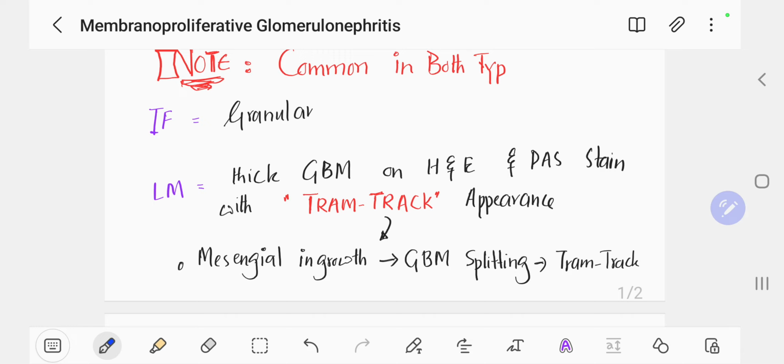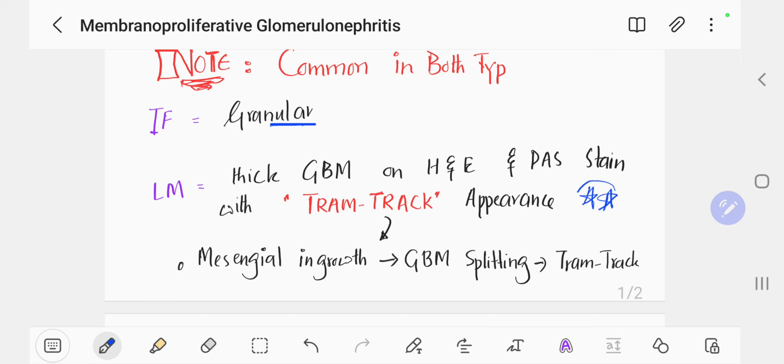So, okay, on immunofluorescence, there will be a granular pattern. On light microscope, there will be a thick glomerular basement membrane on H and E and PAS, with the tram and track appearance. Remember, this is very high yield.